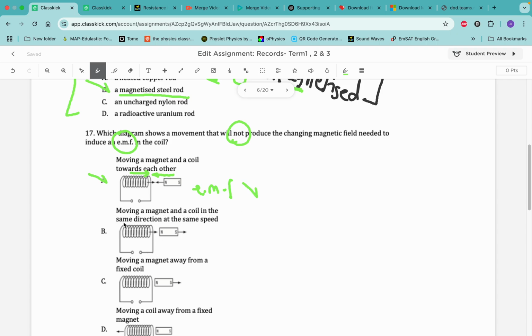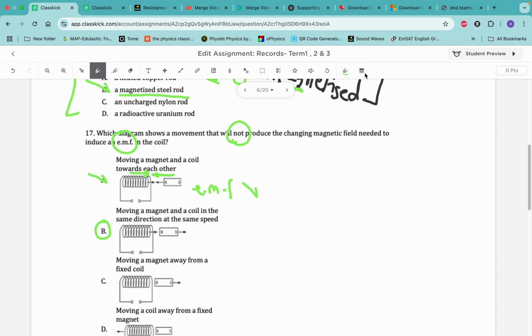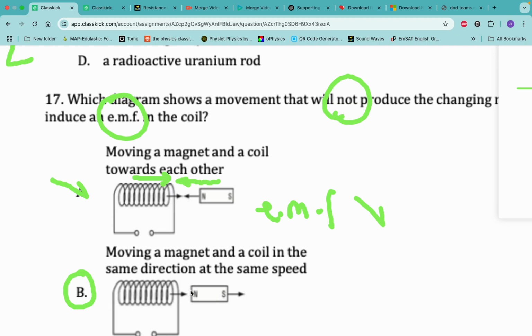Okay. Let's go to this diagram B. In this diagram, these two will be moving parallel to each other in the same direction. So in this case, the magnetic field created by this magnet, because we know the direction of magnetic field, magnetic field is out of north into south, yes, as we studied before.